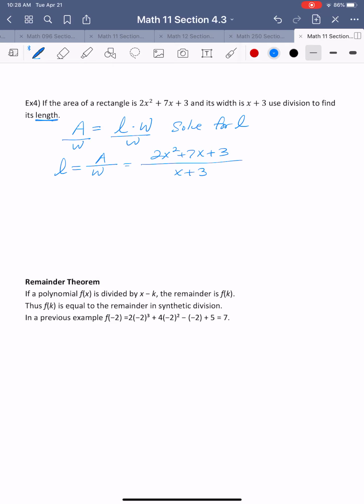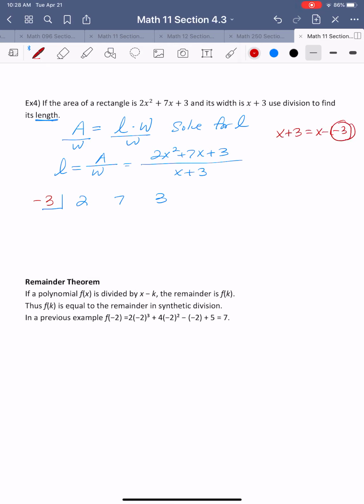In order to find the length, of course, you can do long division, but I like to use synthetic division. There are no missing terms in 2x squared plus 7x plus 3, so I put 2, 7, 3, and then divide by, I'm not using 3, I'm using -3. You know why, right? Because x plus 3 is the same as x minus of -3.